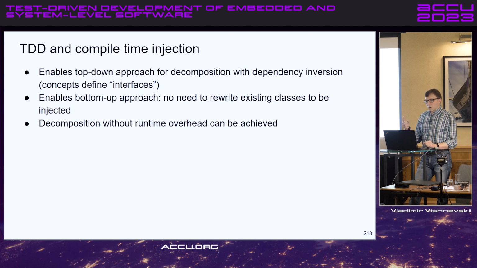On the other side, it can also be done bottom up, when we already have the existing pieces, and we can assemble them into logic just by providing templatized code that will be handling them. And we can then achieve some decomposition without runtime overhead.